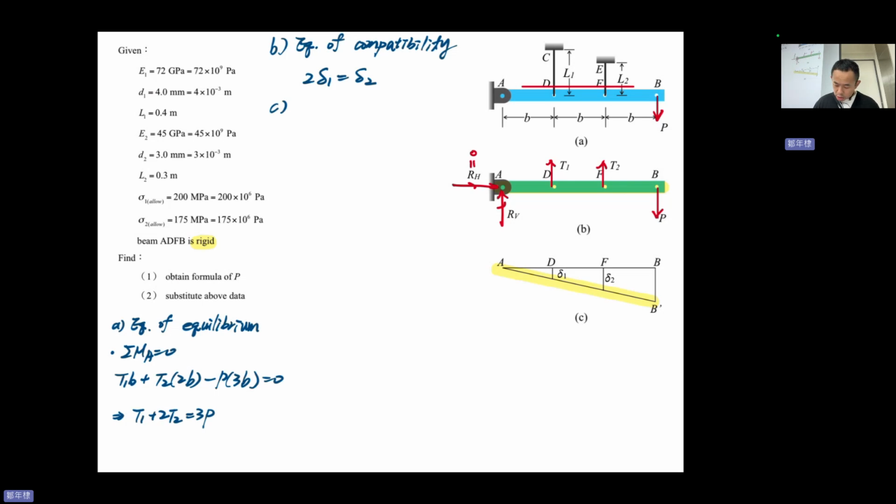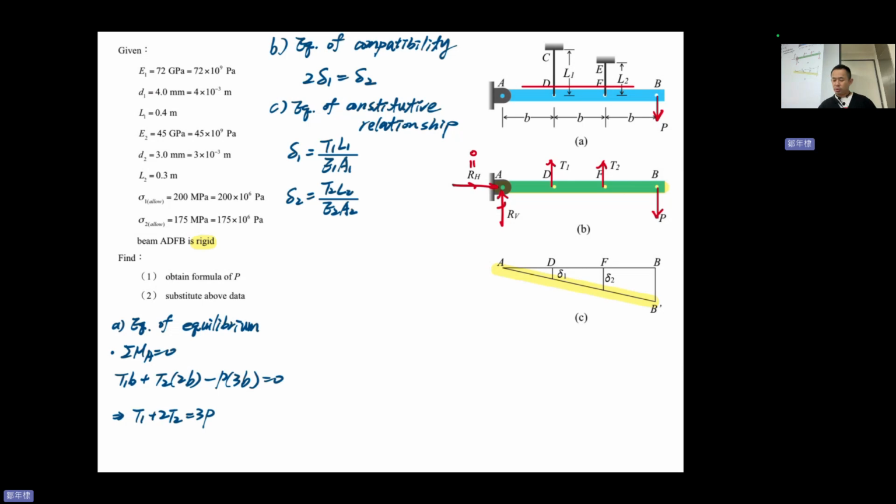C, equation of constitutive relationship. Delta 1 equal to T1 L1 over E1 A1, and delta 2 equal to T2 L2 over E2 A2.